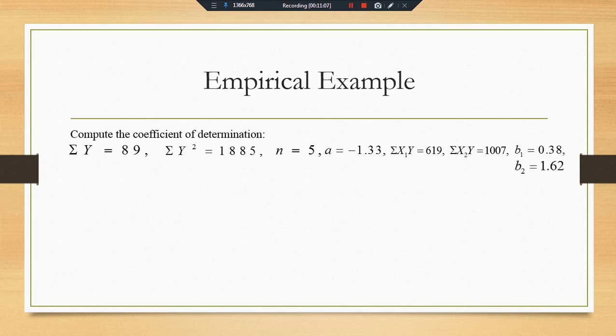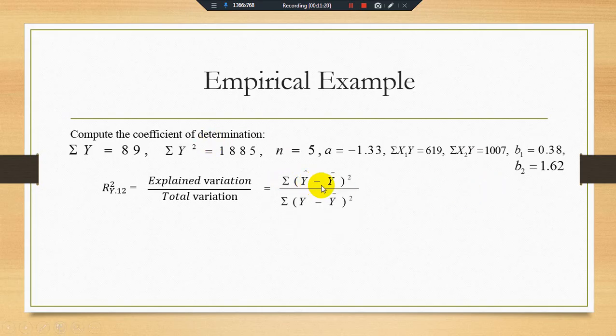And we have the formula for the r square for multiple regression. R square is equal to explained variation divided by total variation, that is, summation y hat minus y bar square divided by summation y minus y bar square.